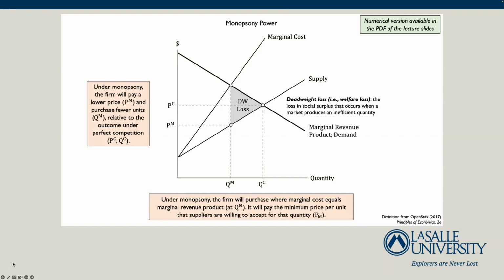This is kind of the flip side of monopoly, where the monopoly is restricting output and keeping price high. In this case, under monopsony, they're limiting their input utilization and putting downward pressure on the prices that are paid to input suppliers.